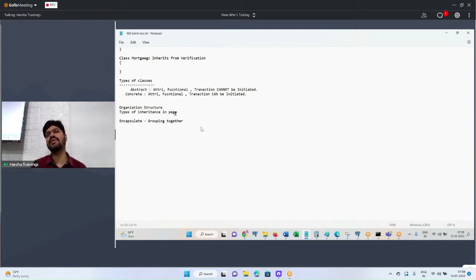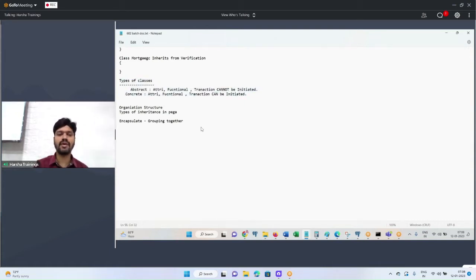This type of departments, how do you satisfy in the technology? Because your technology should always satisfy the real world, whatever the processing happening. So for that reason, abstract classes have been introduced into technology. Understand? This is the reason why abstract classes are there.